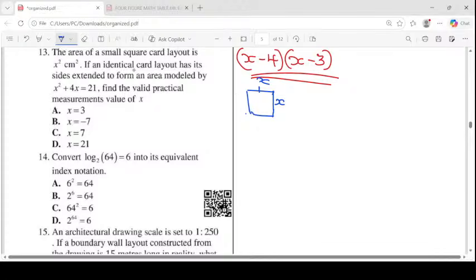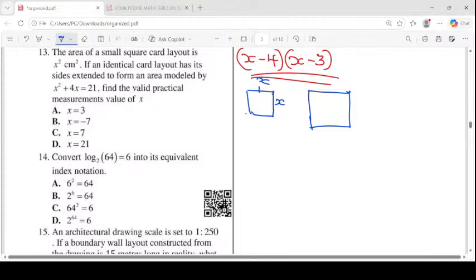If an identical card layout has its sides extended, now the sides have been extended, maybe to this size, it forms an area modeled by x squared plus 4x is equal to 21. That is the area of that square.